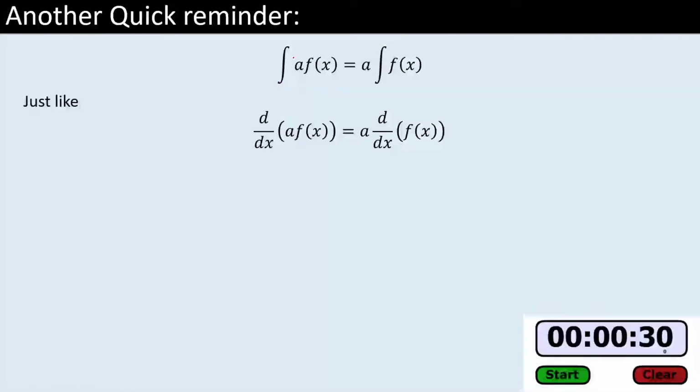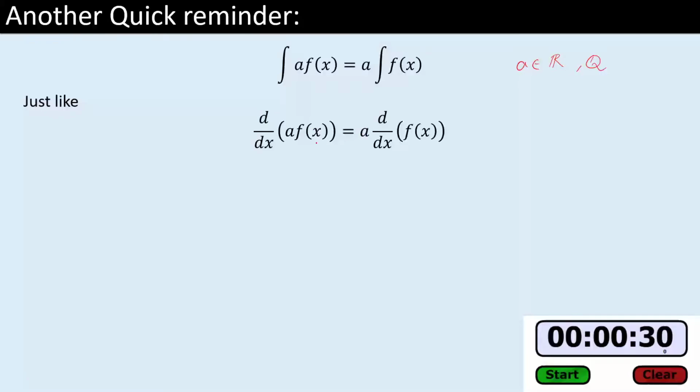So if we have an integral of a number times a function, where a is just a real number or a fraction, something like that, we can actually take that number outside of the integral. It has no impact on what the function actually integrates to. So if we have a number times a function, we can remove the number from the integral, even if that number is a fraction, an integer, a decimal, whatever, and we can just integrate the function by itself.